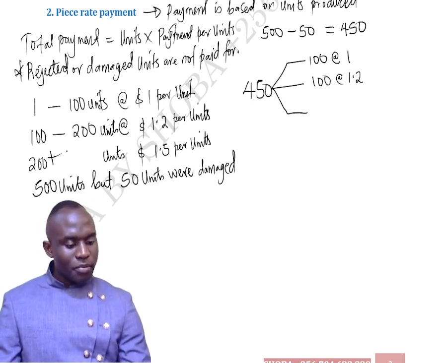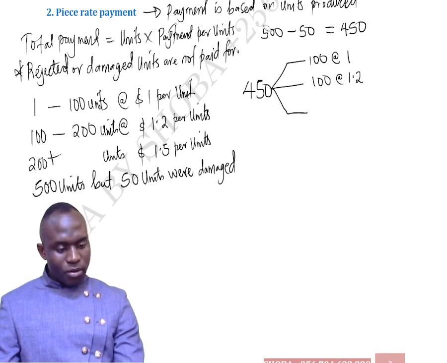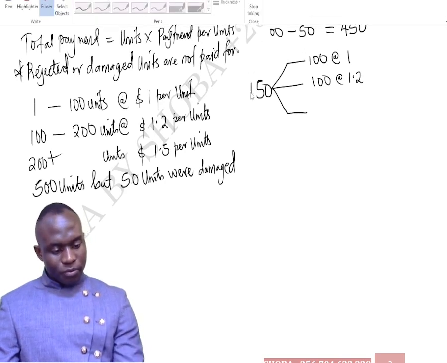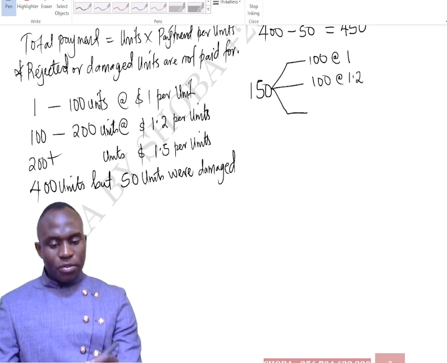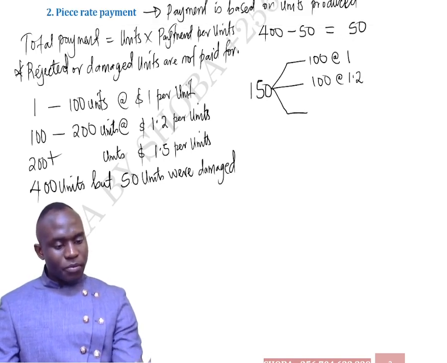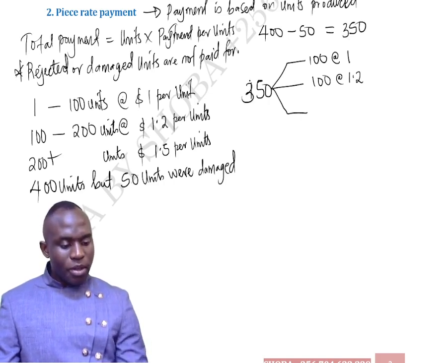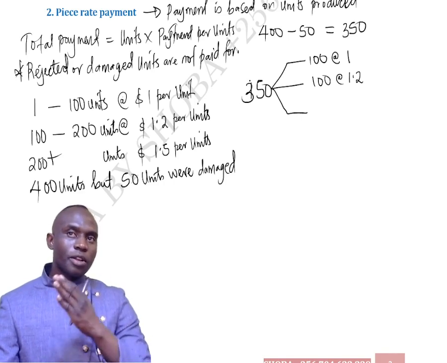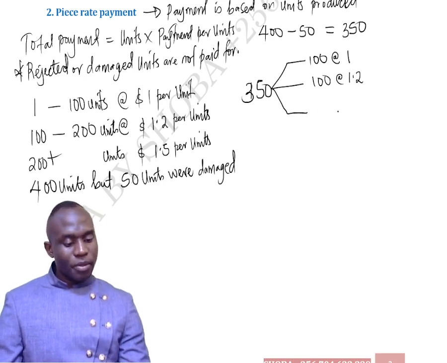So what is left? Allow me to change this figure. Instead of 500, I want to make it maybe 400. So someone produced 400. Sorry about this. When you subtract 50, you get 350. So total was 350. Now the 350 is divided into first 100, next 100. So we are left with 150.